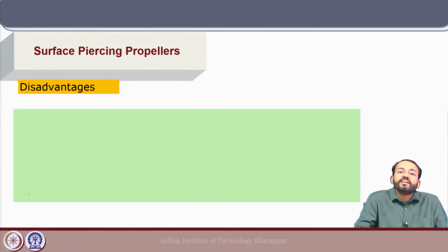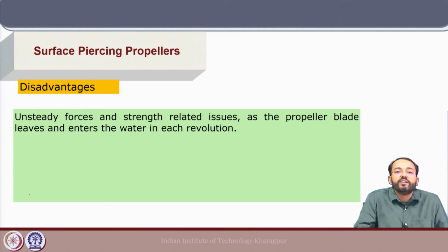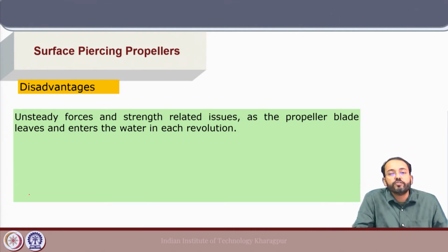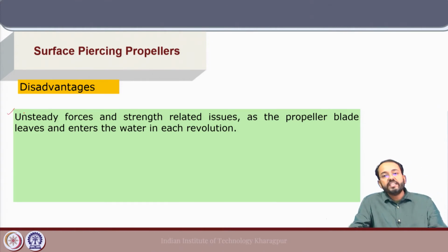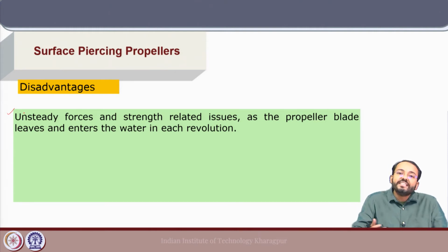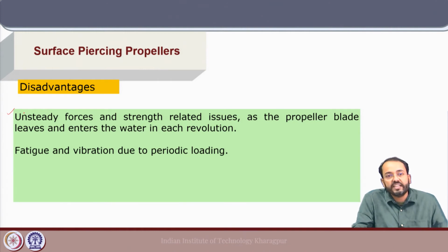Next, there are some disadvantages that the propeller designer should also be aware of while using surface piercing propellers for specific applications. The first one is the generation of unsteady forces during its rotation, as the propeller blade continuously pierces the water surface, and this leads to strength related issues that need to be taken care of in the design.